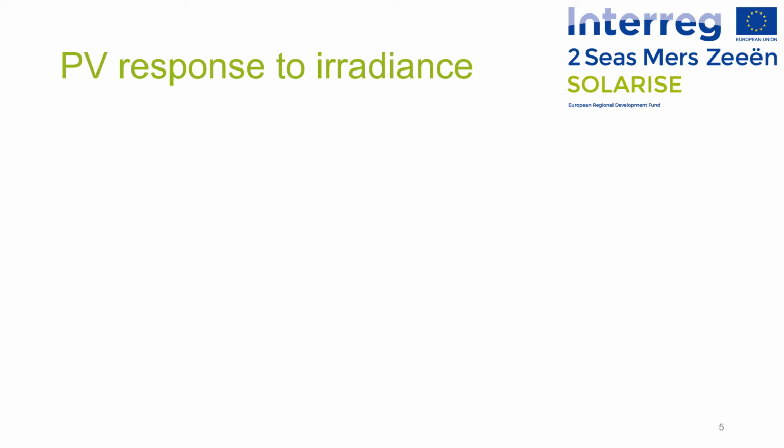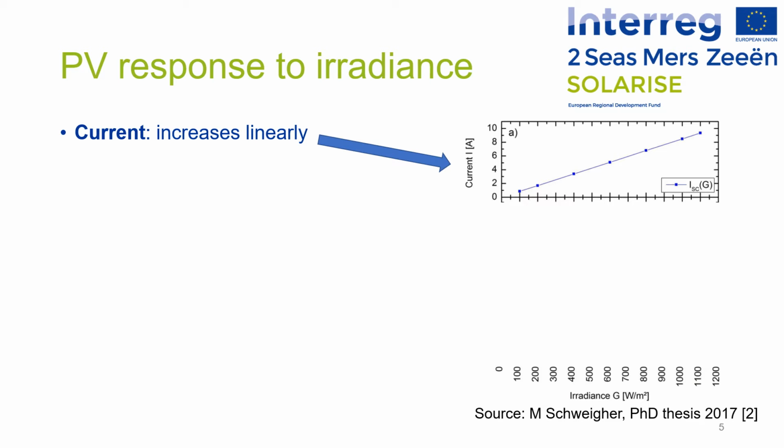If we look at the PV response to irradiance, or sunlight, the current essentially increases linearly with increasing sunlight. If you look at the numbers at the bottom of the graph, you see that for increasing irradiance, the current that you get out of a PV module increases linearly.